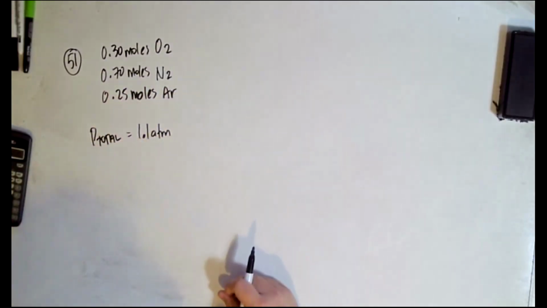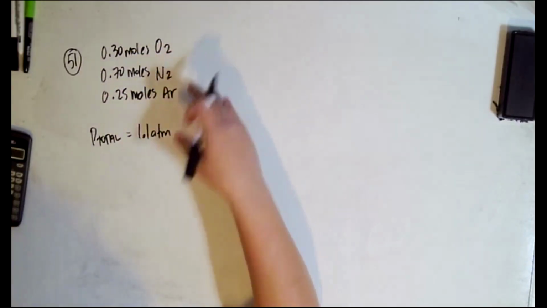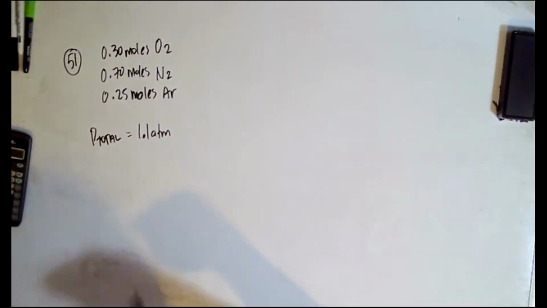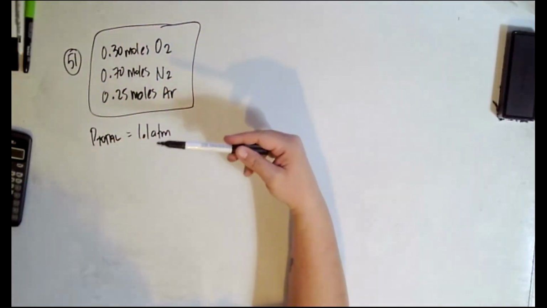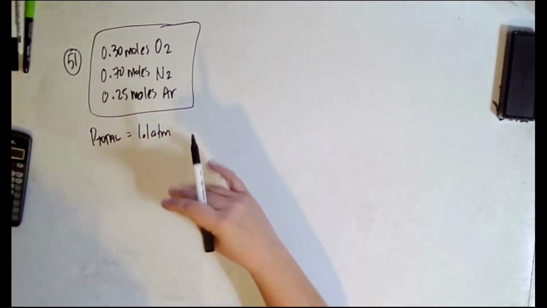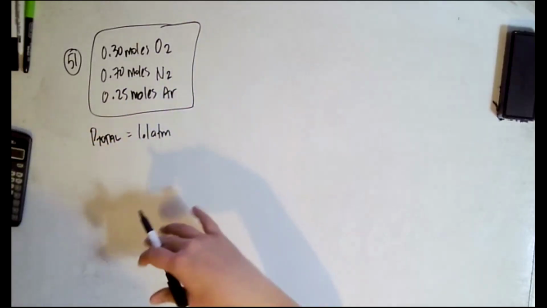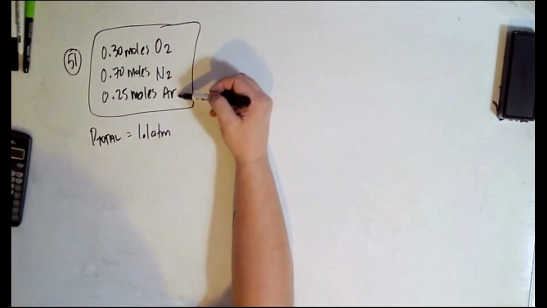Okay. So we said that partial pressure is based on the amount of gas that's present. So what we know is that if this is our gas mixture, the gas that is present in a larger amount, like nitrogen, is going to have a pressure that's higher than the gases that have lower amounts, right?